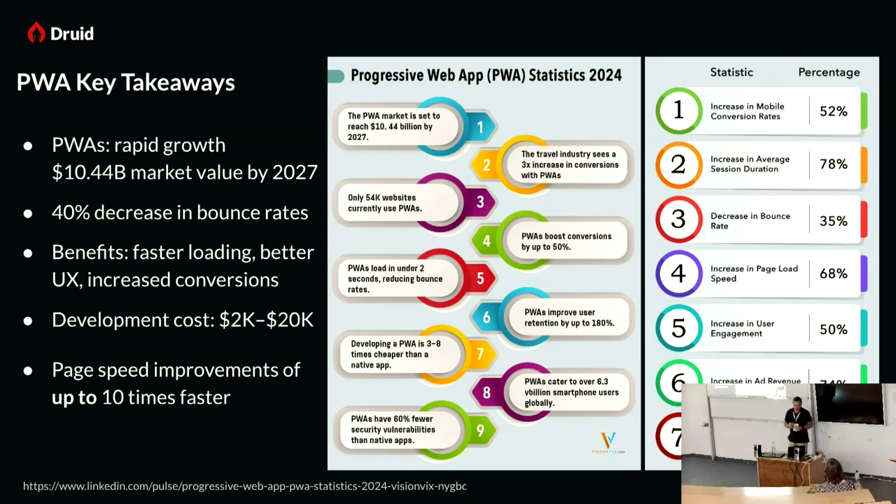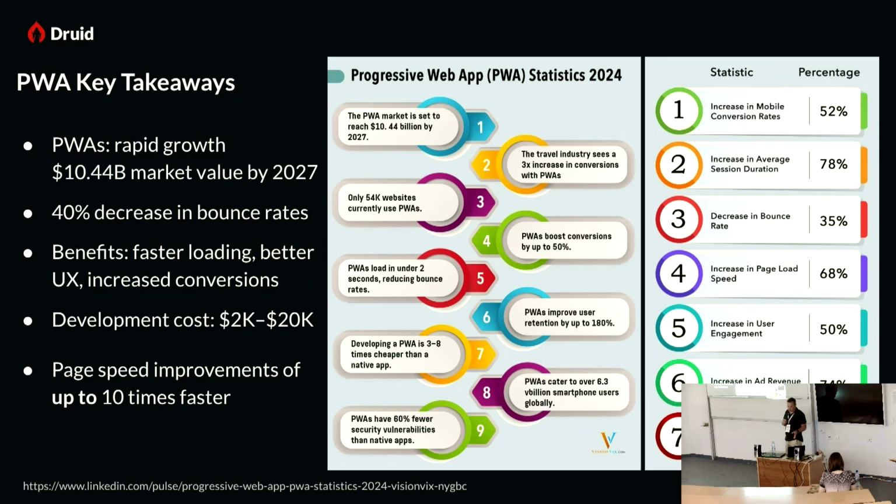The market is going to grow significantly, to 10.44 billion by 2027. What you can achieve with this is page speed improvement because of the caching, up to 10 times faster. You can have mobile conversion rates increased by 52%.